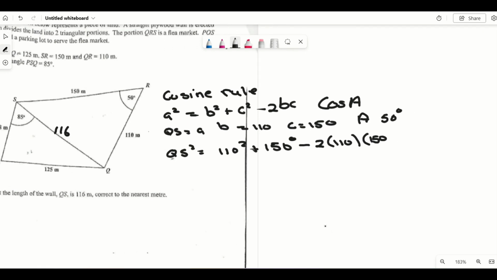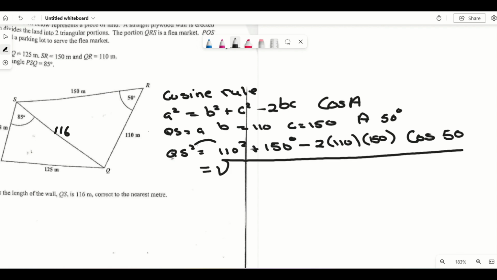Let's go to the side here. Cos 50. So we know we're going to put this in our calculator, and you're going to get a decimal. To avoid approximation, you can basically carry the squared sign across the equal sign.